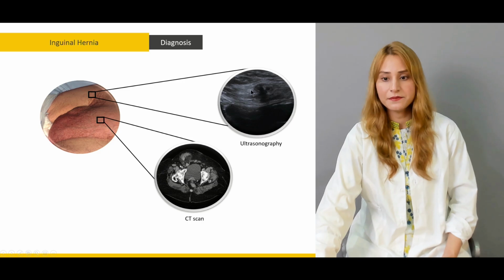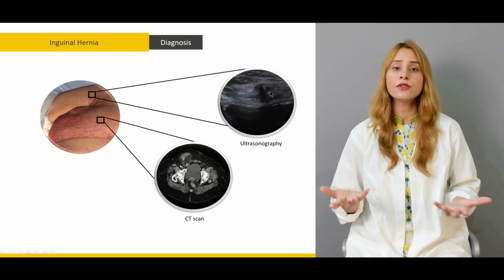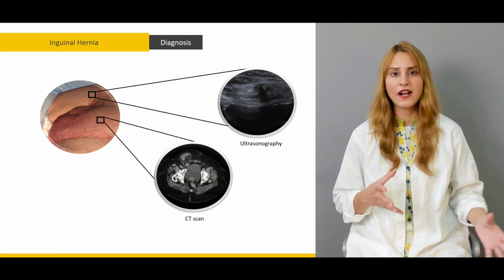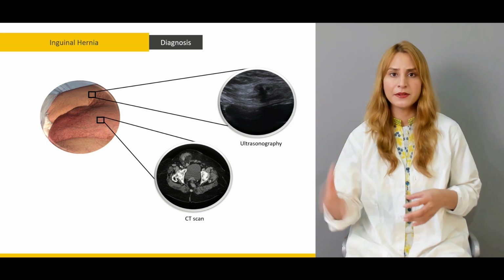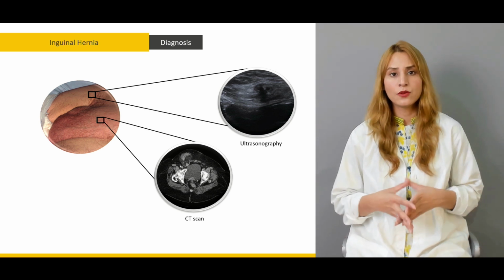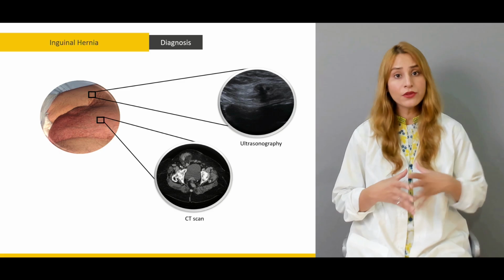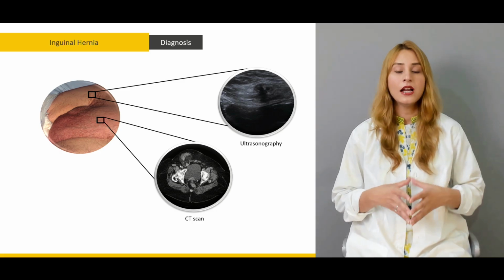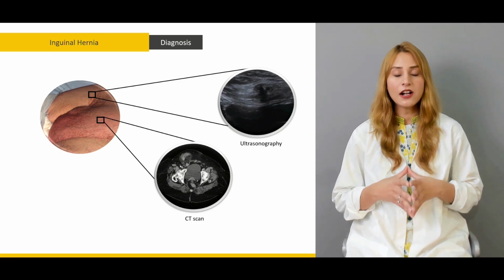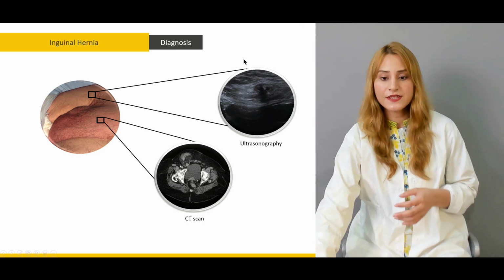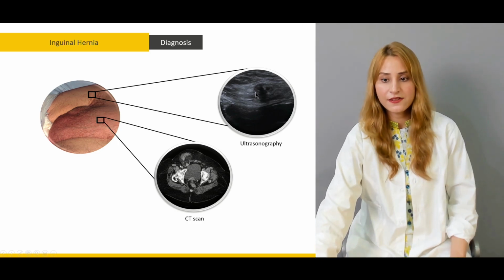You can see here a hernial sac, and sometimes you don't know whether the hernia contains fat, omentum, the inguinal contents, peritoneum, or bowel, maybe small bowel or large bowel. But in ultrasound, you can see the hernial sac and the intestinal contents in the hernia as well.